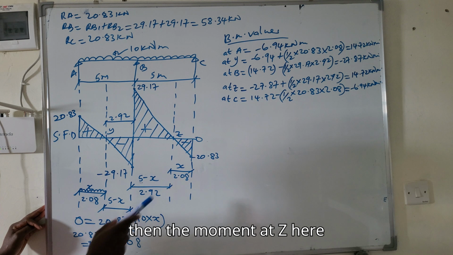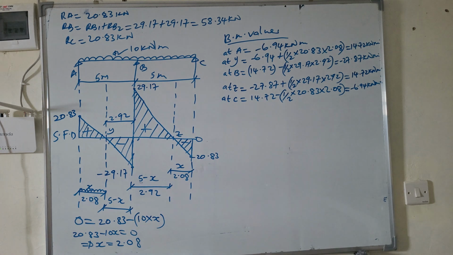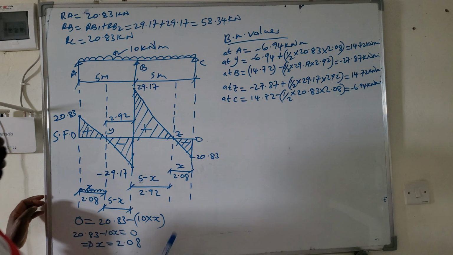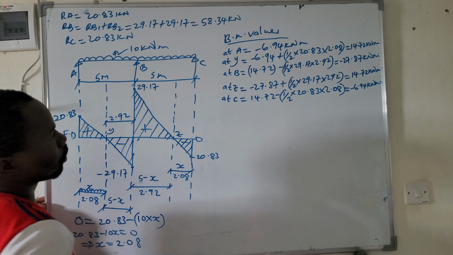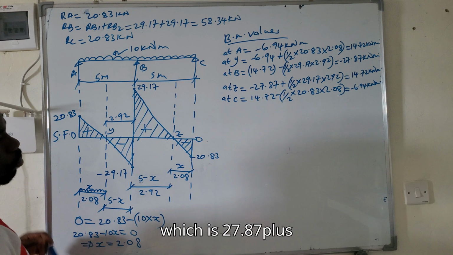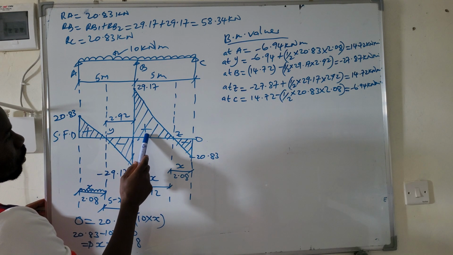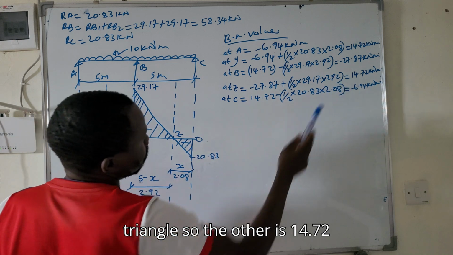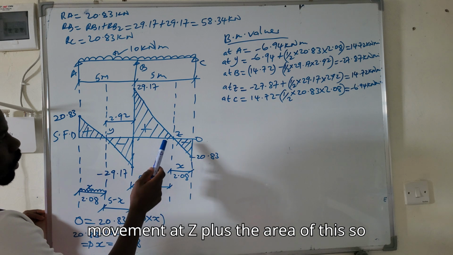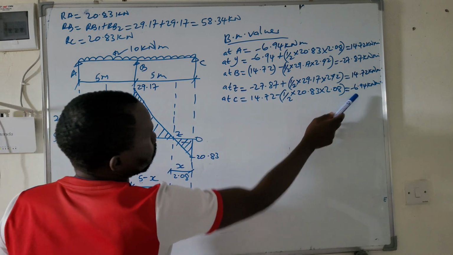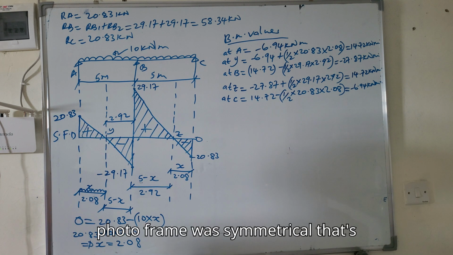Bending moment at Z will be bending moment at B, which is negative 27.87, plus the area of this triangle. So the answer is 14.72. Then the bending moment at C, the moment at Z plus the area of this. So negative 6.94.